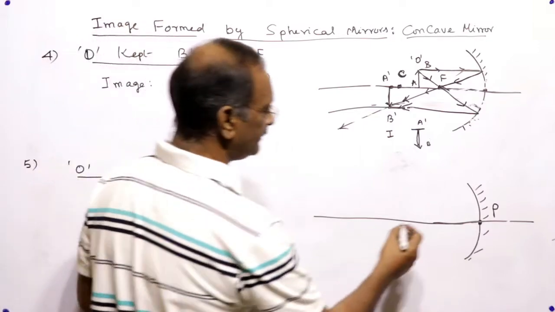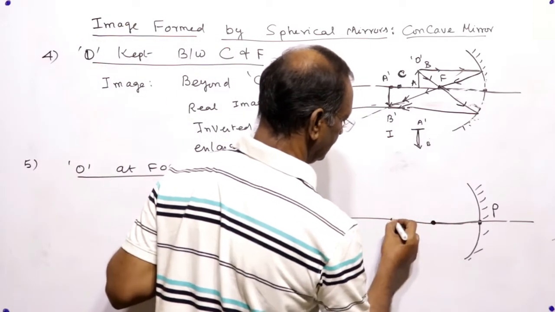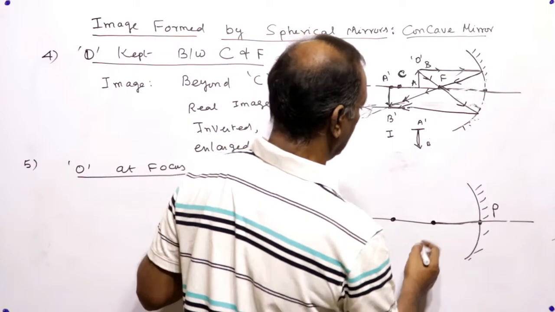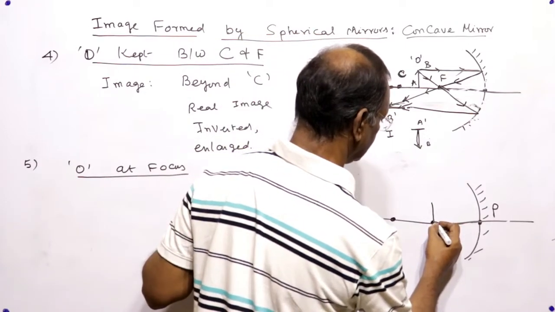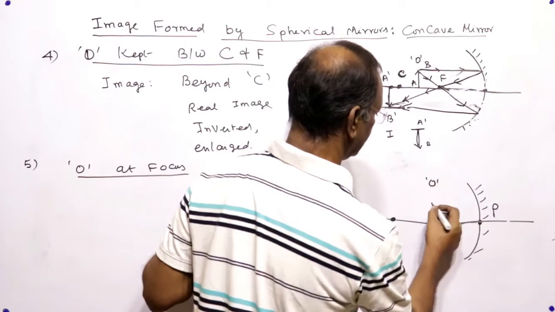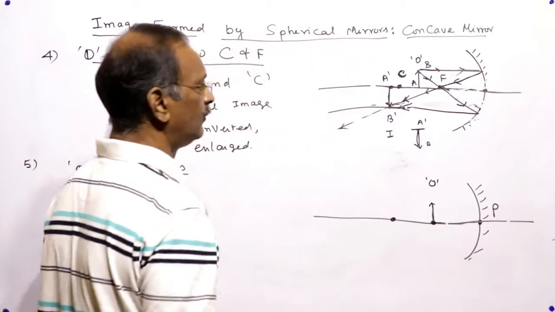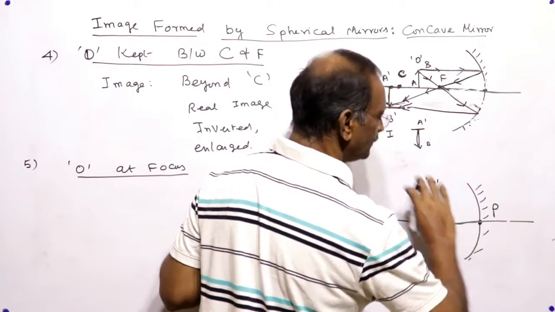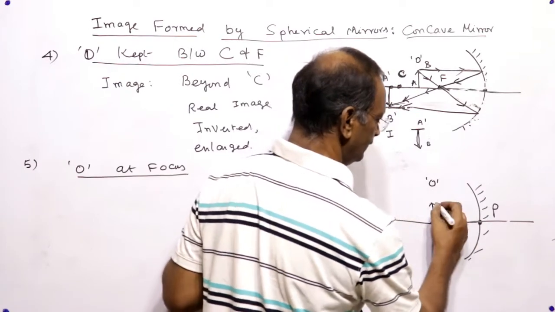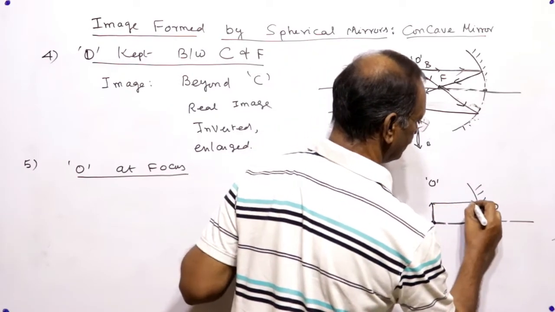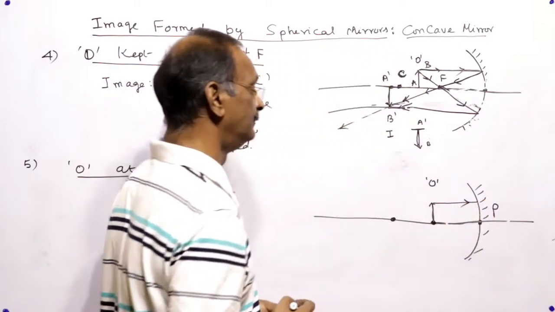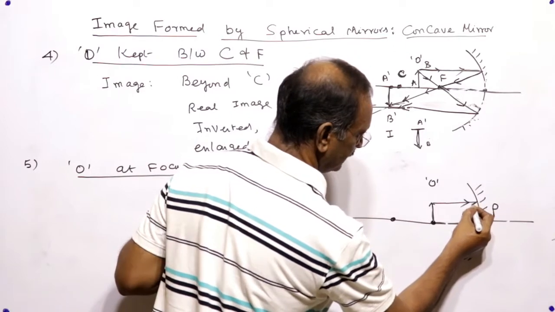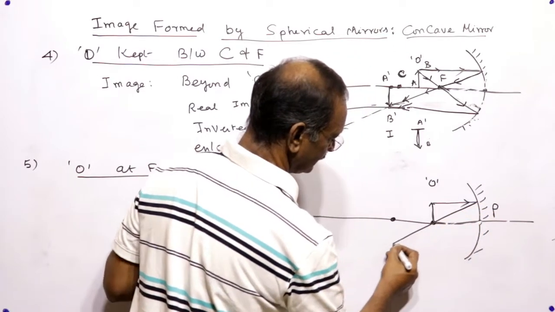This is the focus, this is the center of curvature, and the object is kept at the focus. We'll take two rays to form the image from the object. One ray is parallel to the principal axis, and after reflection it will pass through the focus.